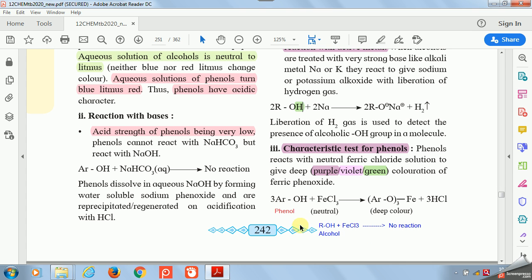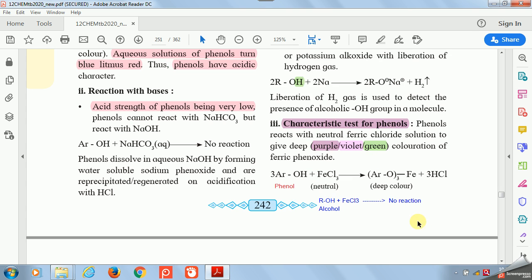So this reaction with neutral FeCl3 is used to check the difference between alcohol and phenols. Alcohol does not react with neutral FeCl3, but phenol can show purple, violet or green color with neutral FeCl3.